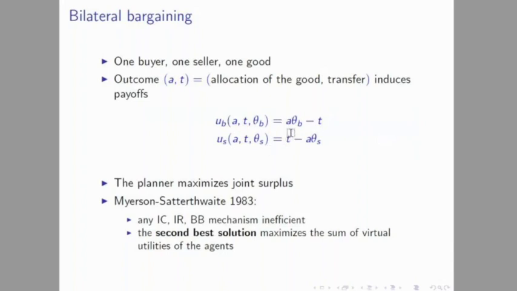There is an outcome A, which is 0 or 1, or it can be a probability as well, depending on whether the trade takes place or not. And then there is a transfer from the buyer to the seller. And these are the utilities given A and T, the transfer, of the two agents. AB is the buyer's type, AS is the seller's type.